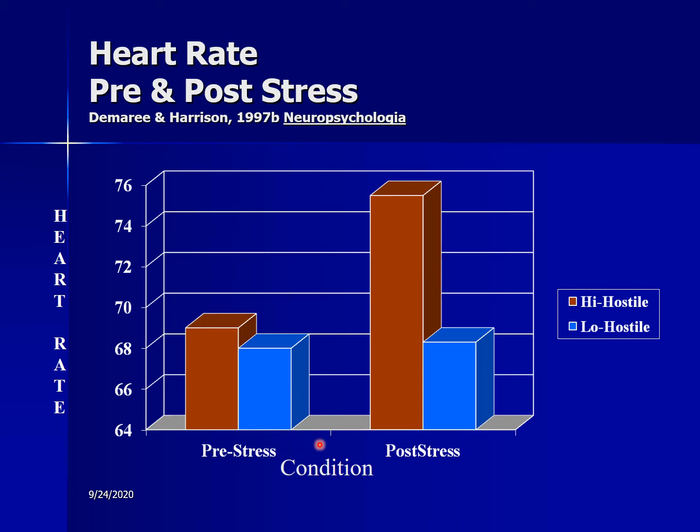It hurts. But I think you can see when low hostiles experience that pain, they maintain control of their heart rate, whereas high hostiles lose control of their heart rate. There's a significant increase in heart rate. And again, we replicated this umpteen times. We don't always replicate it, but almost always.